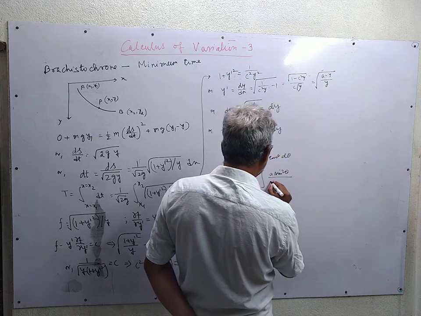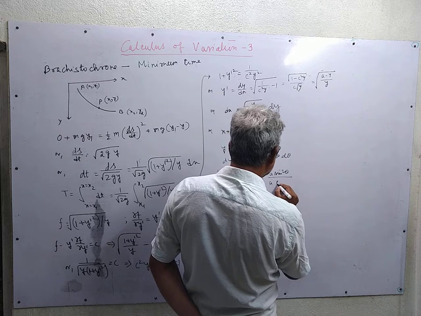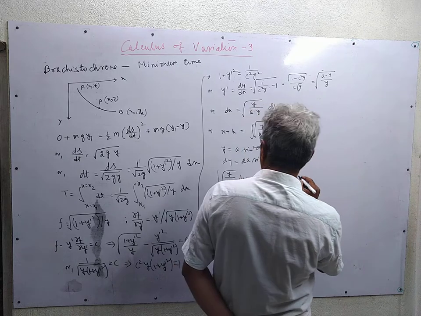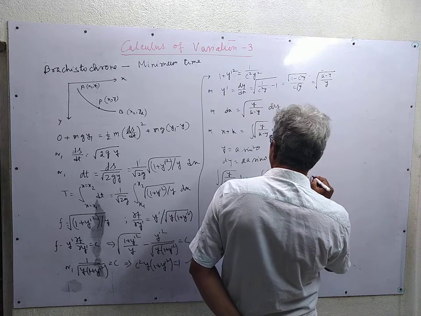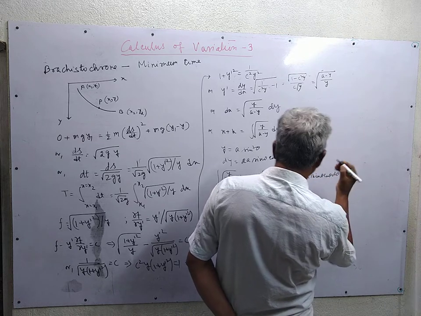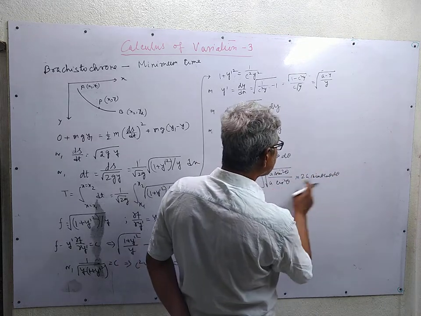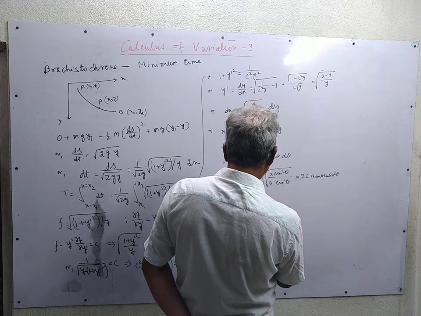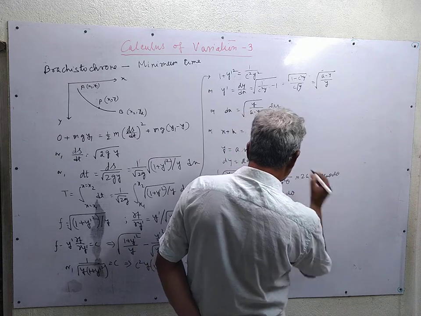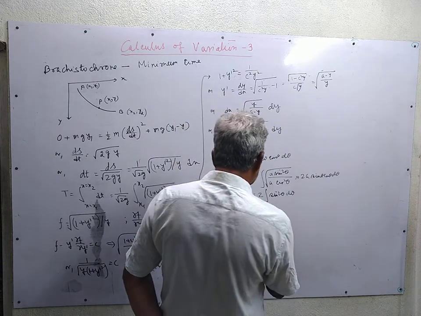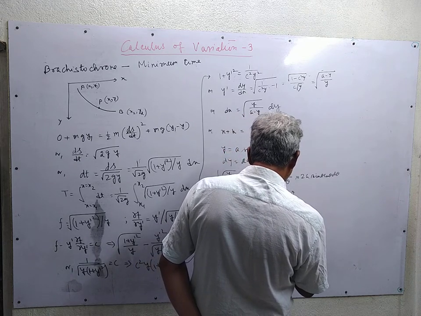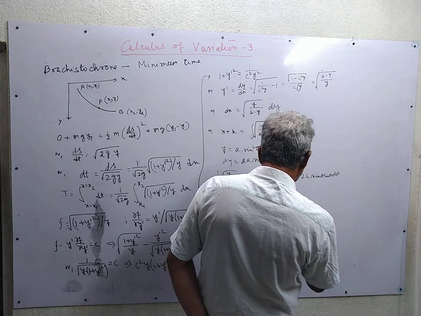From this we have a times 1 minus sine square theta, that is cos square theta, the entire thing within the square root, and we have twice a sine theta cos theta d theta. This cos theta cancels with this, and we have twice a sine square theta d theta, which can be written as integration of a times 1 minus cos of 2 theta d theta.